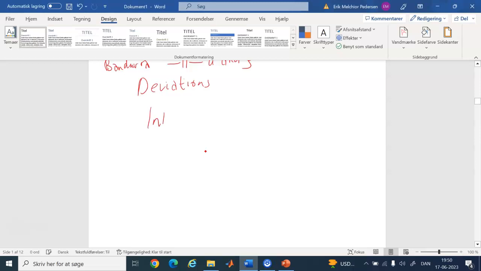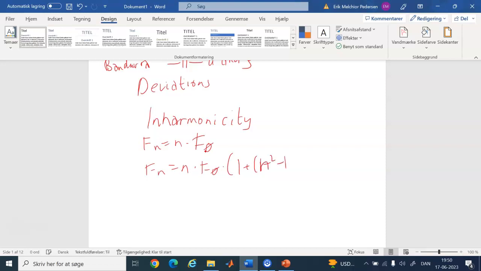And we can have some inharmonicity. So instead of f_n equal to n times f_0, we now get f_n is n times f_0 times a term like this, the square root of 1 plus (n squared minus 1) times B, where B is the inharmonicity.